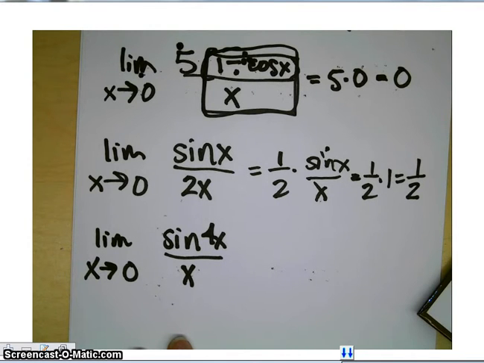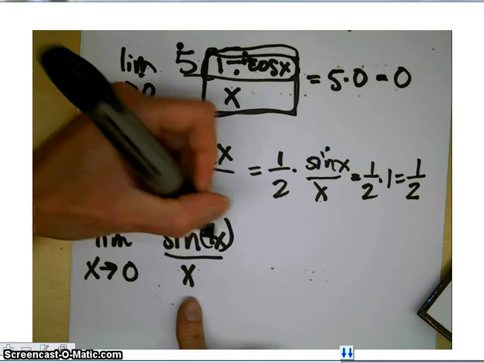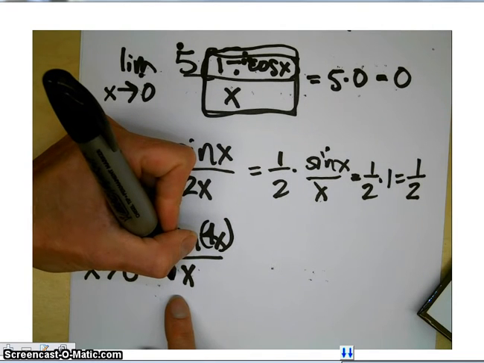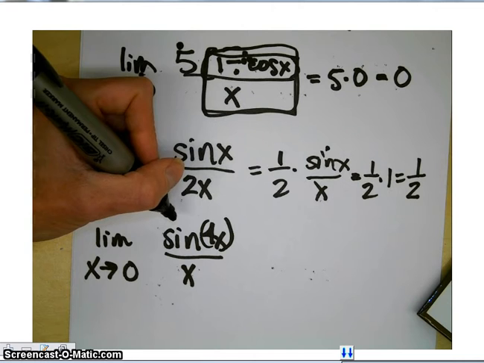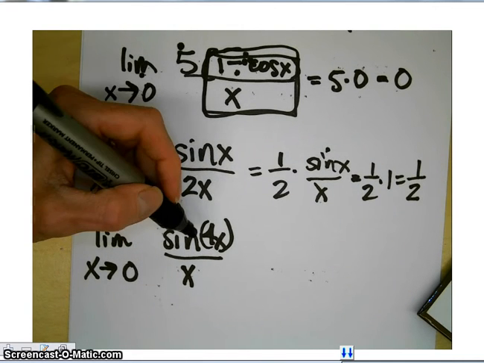So I don't know the limit as x goes to 0 of this at all, because in order to apply that rule of sine x over x, this part here has to be the same as what's on the bottom. So what I'm actually going to do is multiply this fraction by 1.